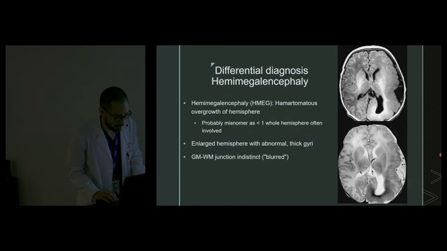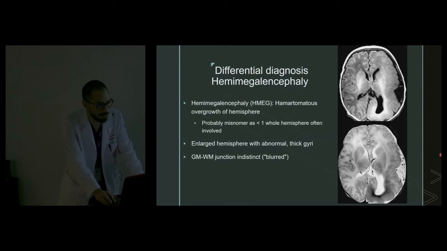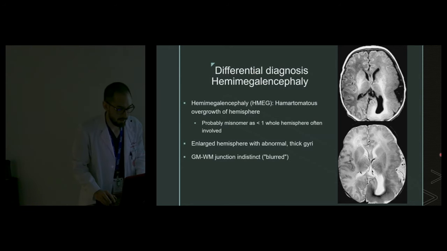Okay. The other differential diagnosis is the hemimegalencephaly, which is a hamartomatous overgrowth of the hemisphere, and it is probably misnamed because usually it doesn't affect the whole hemisphere, but just one lobe.